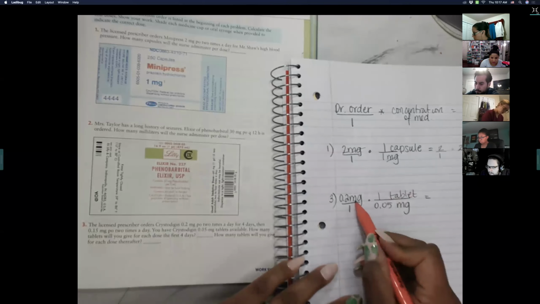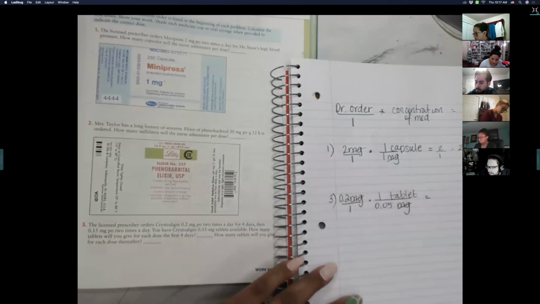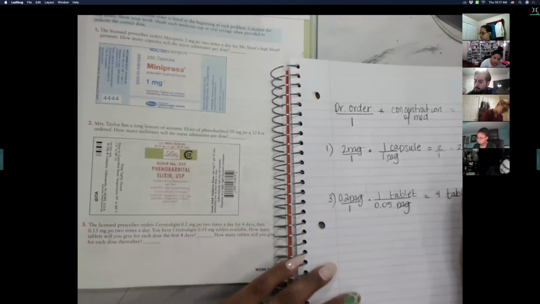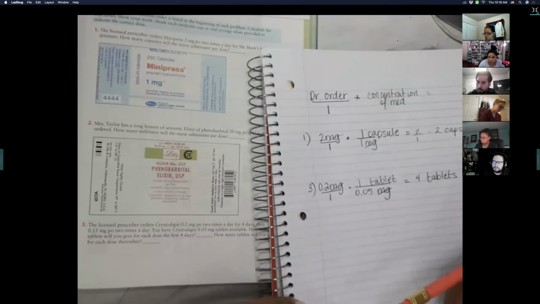My units of milligrams are going to cancel. All I have left now is units of tablets. 0.2 divided by 0.05 is going to give me 4 tablets. So for the first 4 days, as the nurse, I'm going to administer 4 tablets per dose, right?